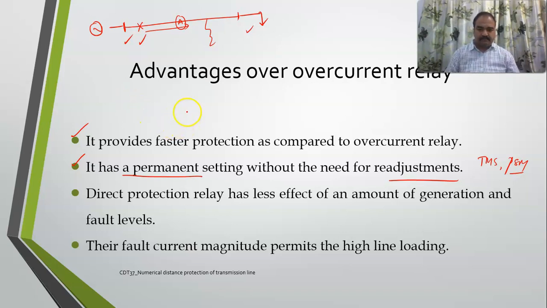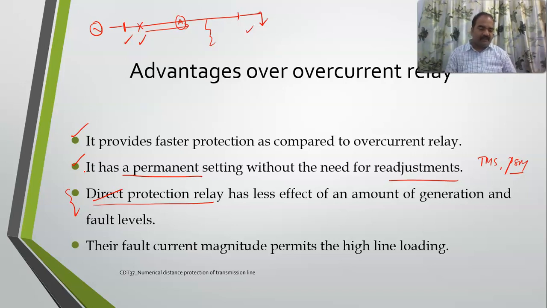And this distance protection relay has less effect from the amount of generation and fault levels. I'll explain in the theory class why I have written this. Normally, in case of generation and fault levels, your distance relay acts much better when compared to your overcurrent relay. Why and how, we will see in the class.